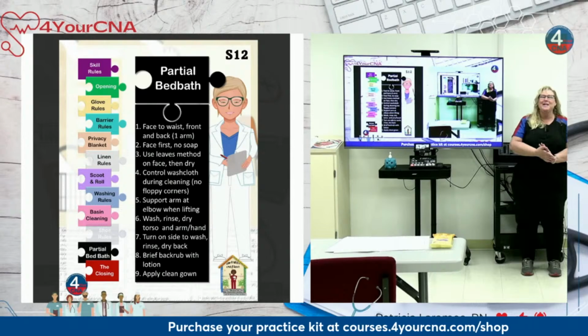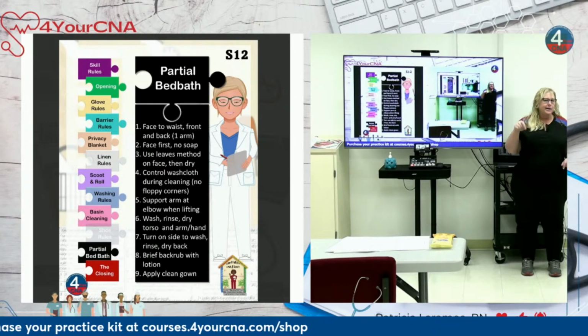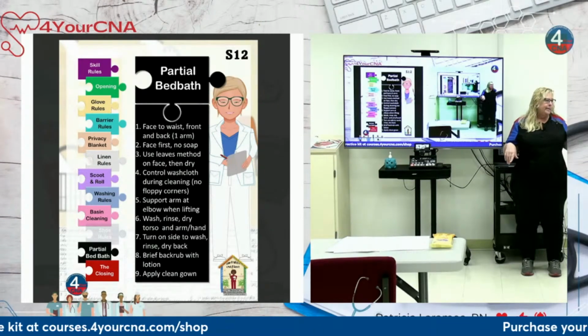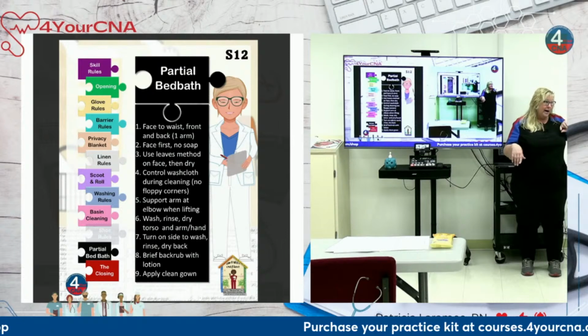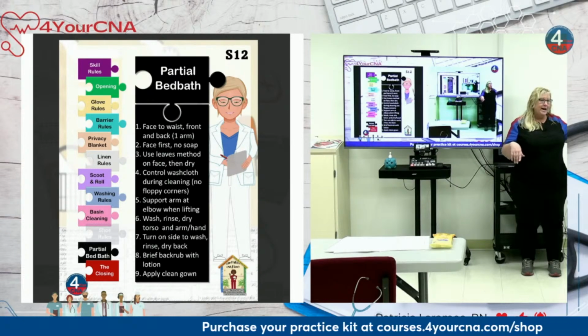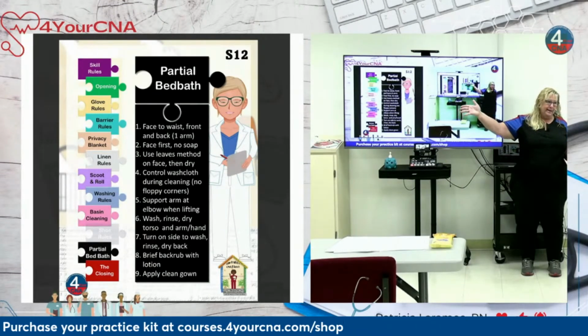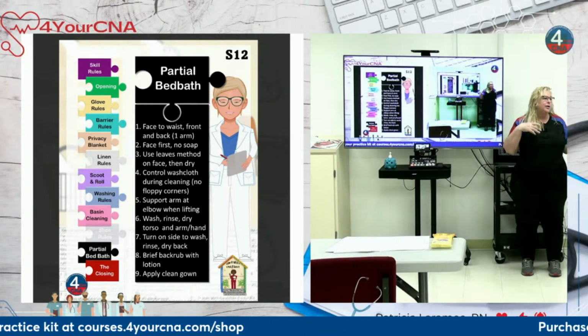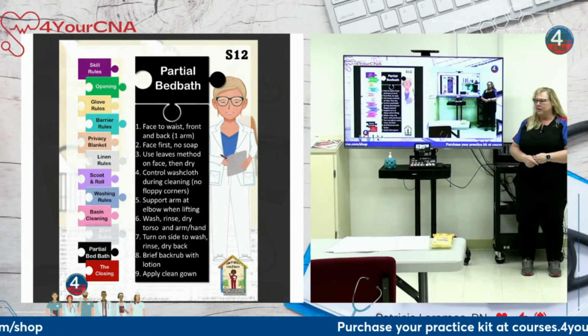I'll bring one on Wednesday. But go to my website and order one if you're not physically here to practice. Everybody that's physically here, you have all of the supplies here. That way you learn how to use the gait belt and the drainage bag and all of the other things that we use for the test.